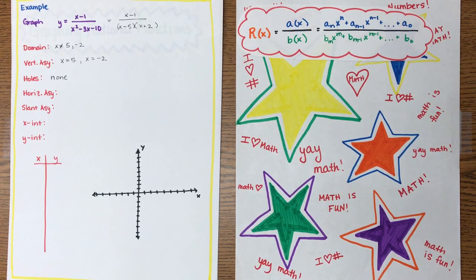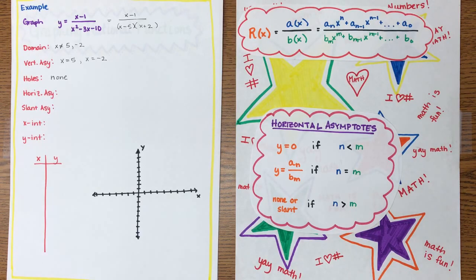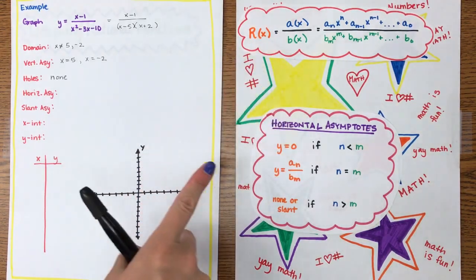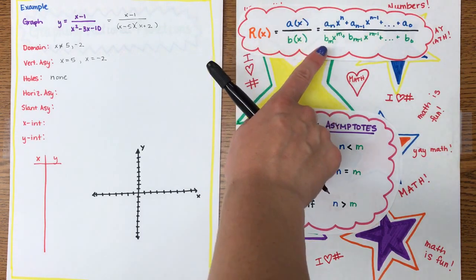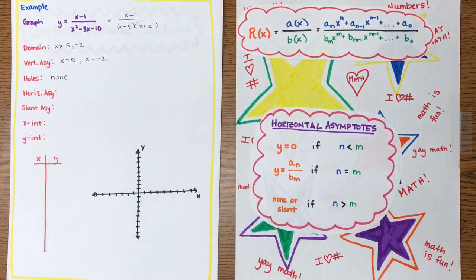The next thing I want to look at is horizontal asymptotes. When I'm looking at my original function a of x over b of x, the degree of the numerator and the degree of the denominator are going to help me decide what my horizontal asymptote will be.